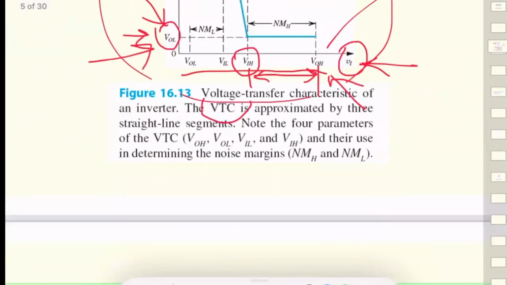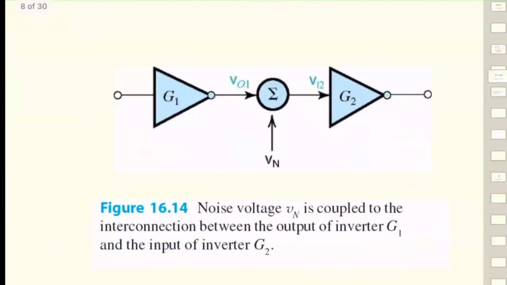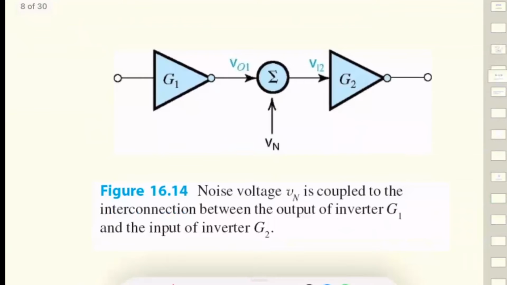That's the idea: if I have multiple inverters, and the output of the first inverter is coupled to the input of the second inverter, and in the process any noise gets introduced, how does that affect the operation of the second inverter and subsequent circuit?